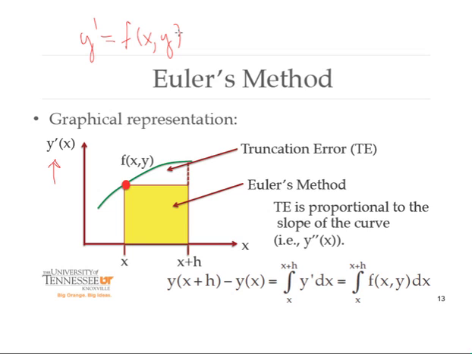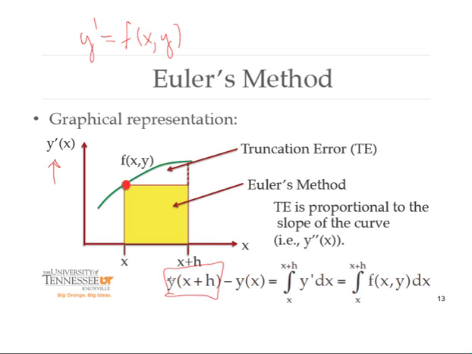So what we have here is a drawing of f of x, y because it specifies the derivative as x moves on the x-axis, all right, with corresponding values of y. So the task, of course, is to estimate what the solution is doing at x plus h. That's always our goal here, is given what we know of y at x, what would it be at x plus h?